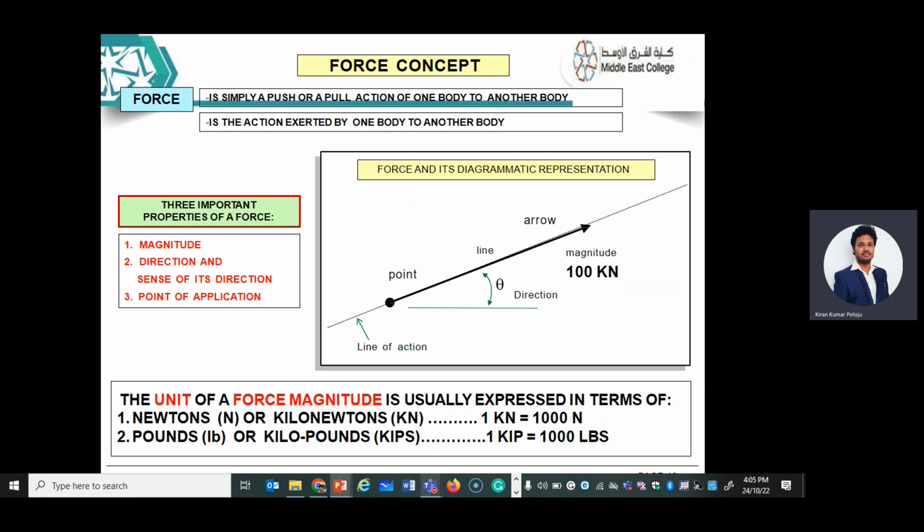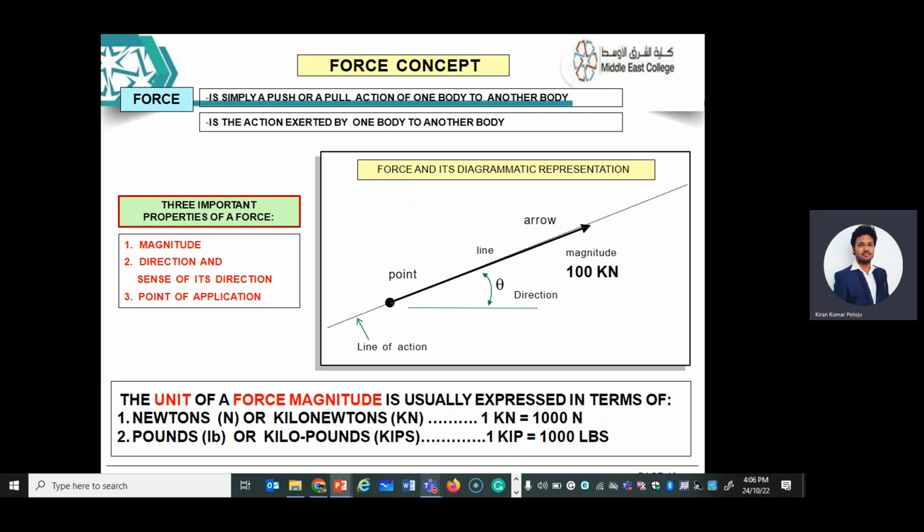Force, we know the basic definition of the force. So force is nothing but, in simple words, a pull or a push to another body. Force is the action exerted by one body on another body.